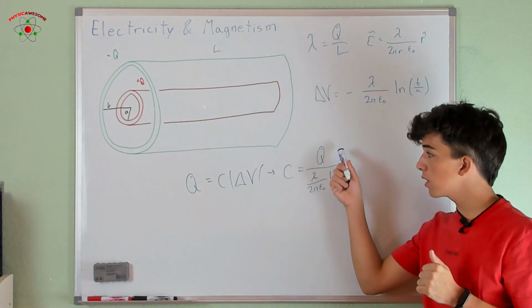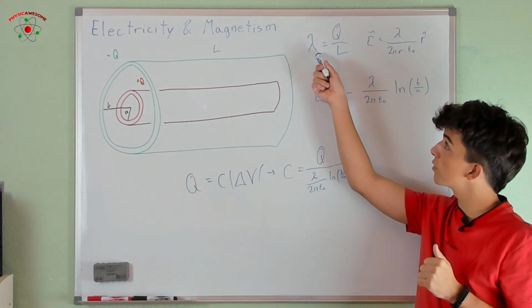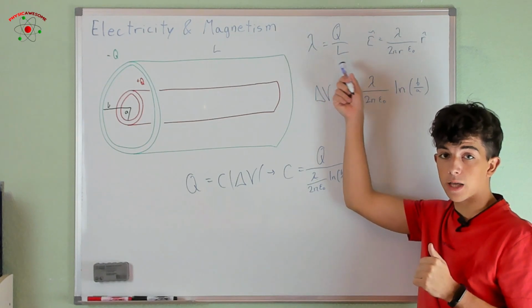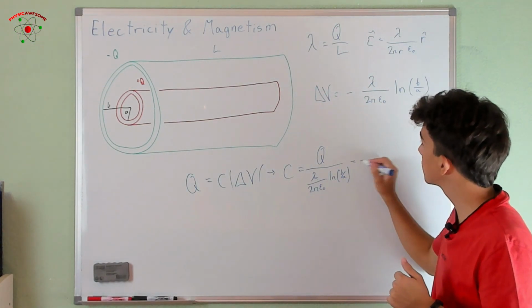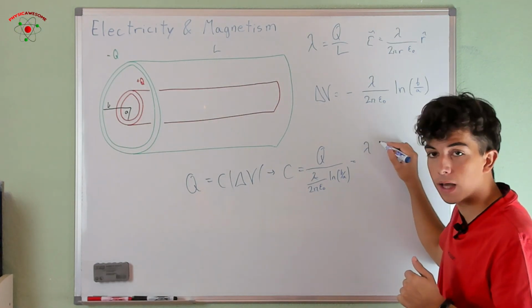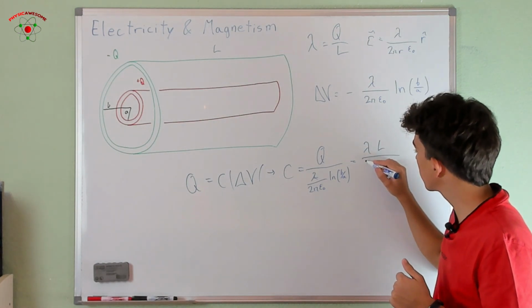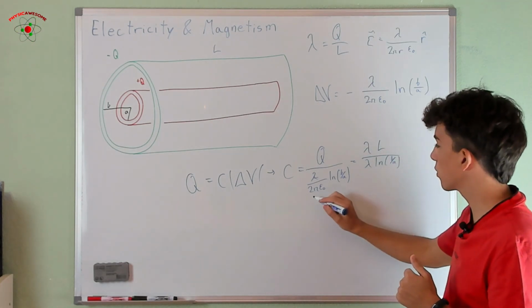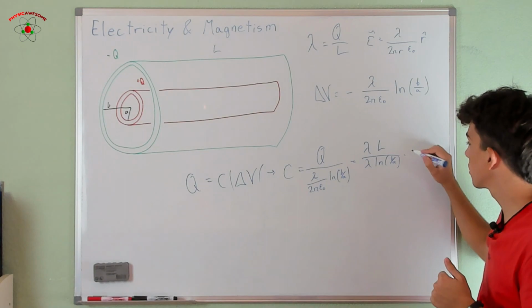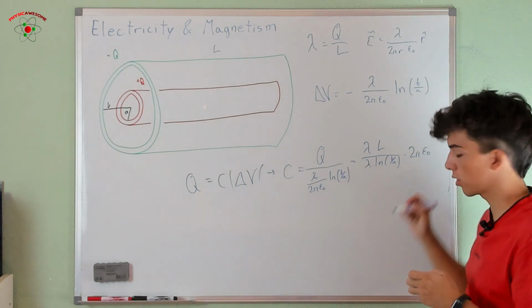Now, we know that Q is lambda times L, so we will repeat the same drill we did earlier, substituting lambda L up here and getting lambda, the logarithm of b over a, and we will take this up 2 pi epsilon naught.